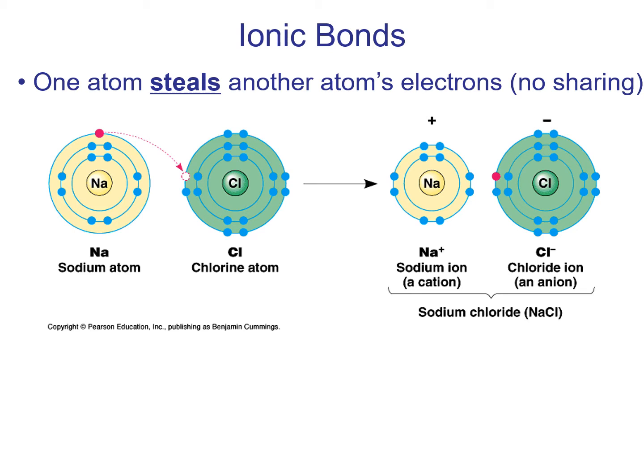We have sodium, and sodium has one stray electron in its valence shell. And if we bring that into contact with chlorine, what's going to happen is the chlorine is going to steal that electron because chlorine is missing one electron from its outer shell.